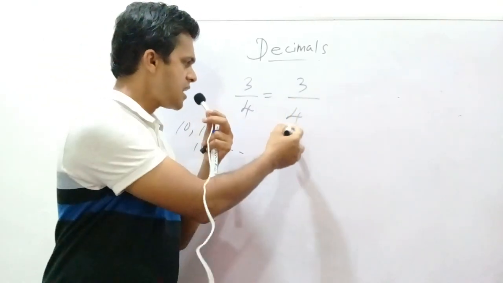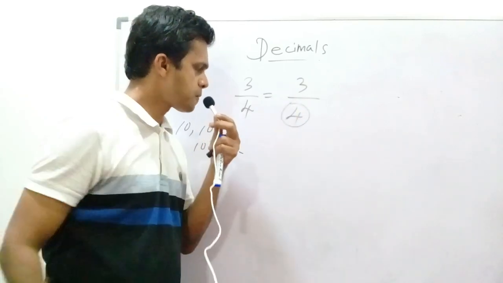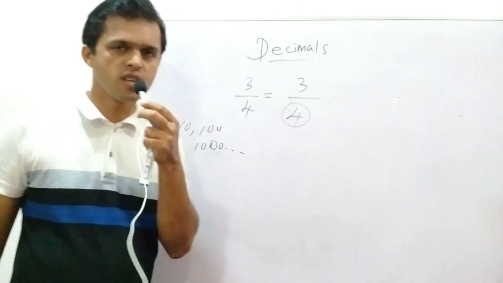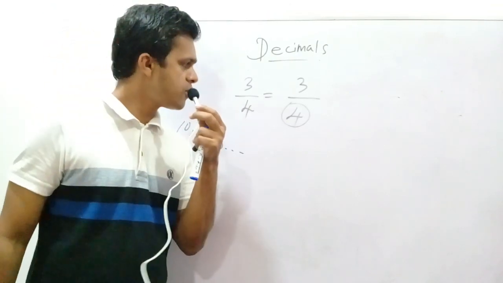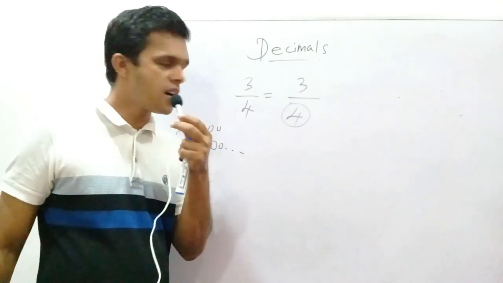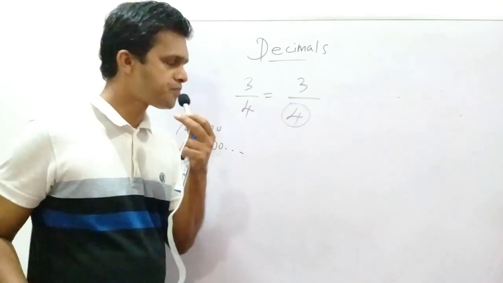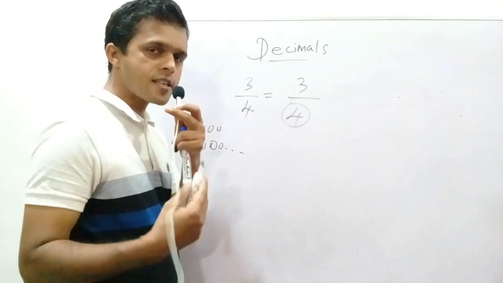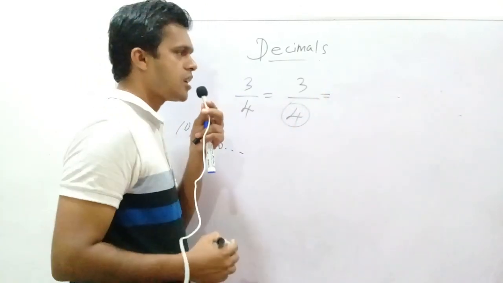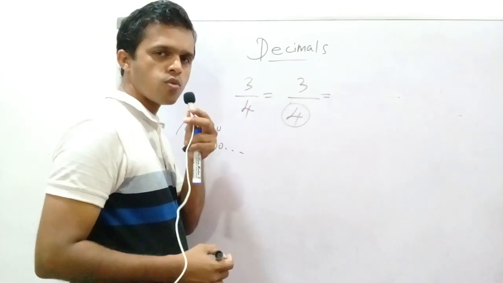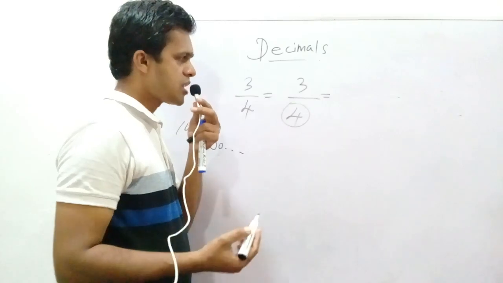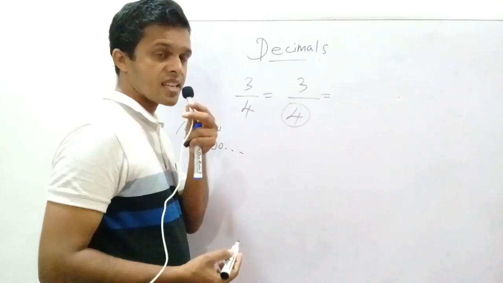Can you obtain 10 using the digit 4? Multiplying the digit 4, can you obtain 10? Think of it. 4 times 1, 4. 4 times 2, 8. 4 times 3, 12. You cannot obtain 10.